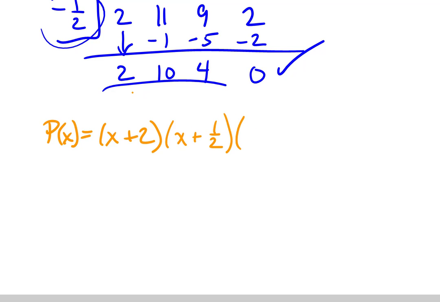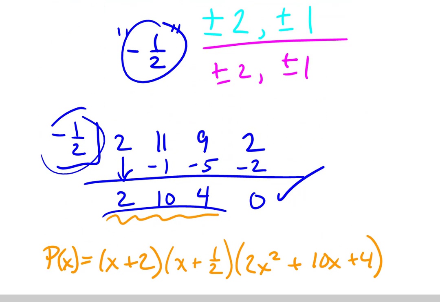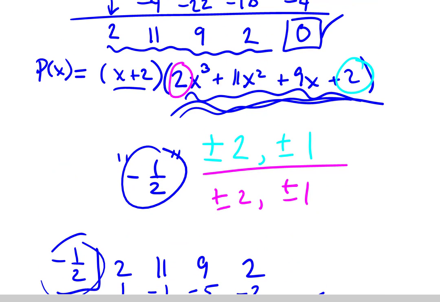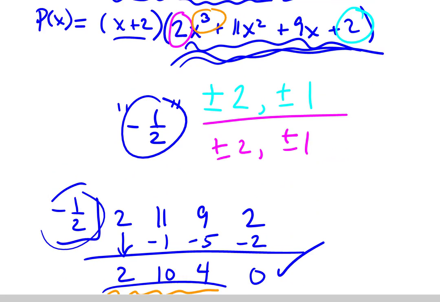And then after it, we'll now use the three values shown in our synthetic division process, which would tell us 2x squared plus 10x plus 4, right? So this is 1 degree less than the degree of the factor we just split up, which was degree 3.